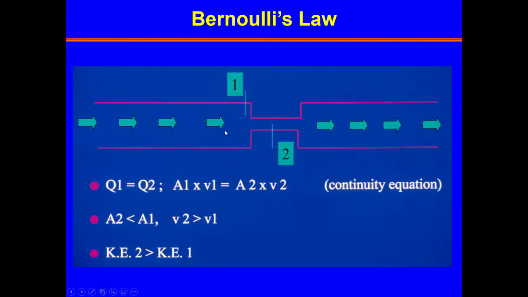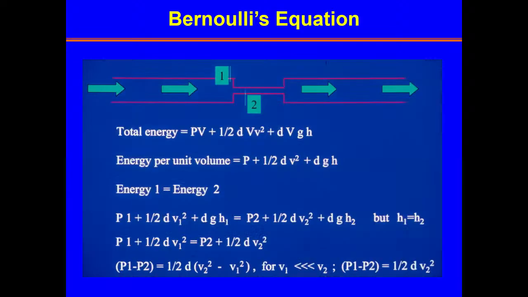Things that follow as well from that expression: if the energy is constant, and it is, since we are going to ignore frictional losses for now, then the place where the velocity is higher, the kinetic energy contribution to the total energy is higher, in that narrower cross-section. That's the full expression for the energy at points 1 and 2.